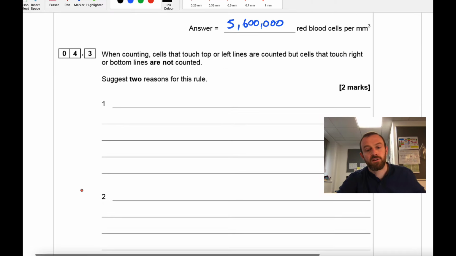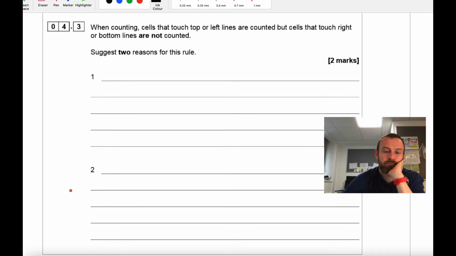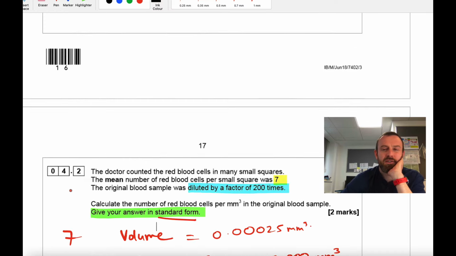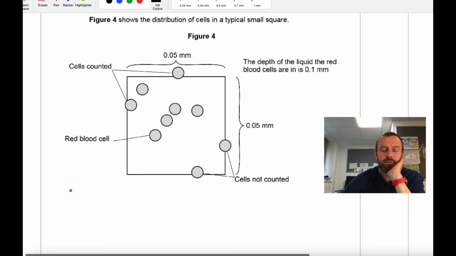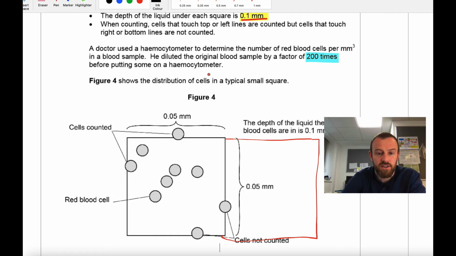When counting, cells that touch top or left lines are counted, but cells that touch right or bottom lines are not counted. What are the reasons for this? Well, the reason is to avoid double counting, but I'm trying to think how you would get 2 marks. Imagine you were also looking at a square over here. How do you know where to count a certain cell?